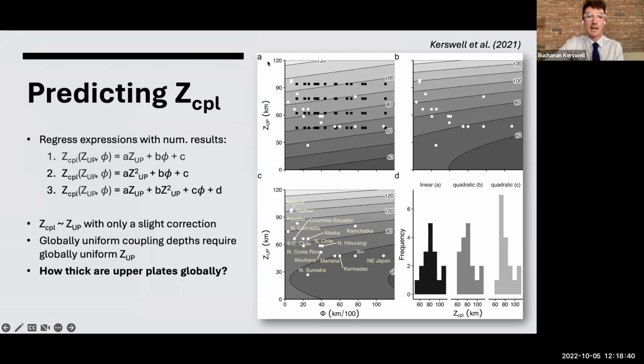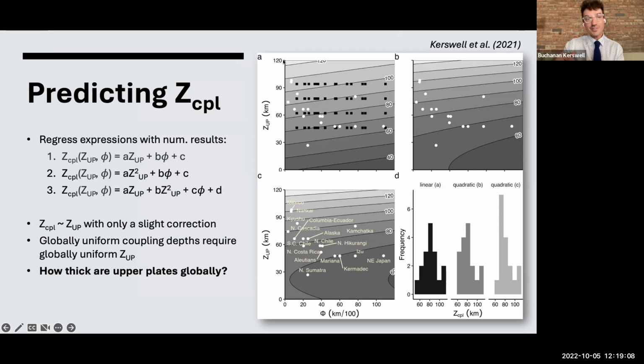The bottom right plot shows the distribution of the predicted coupling depths for these 13 subduction zones. We find that they center around 80 kilometers depth, with a fairly narrow distribution of about plus or minus 20 kilometers. This is very consistent with what Wada and Wang have found.